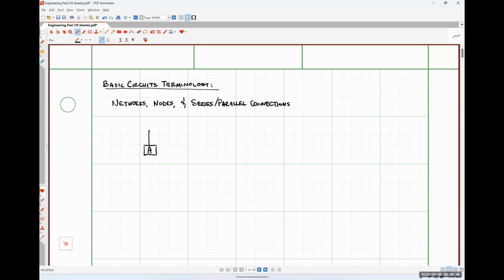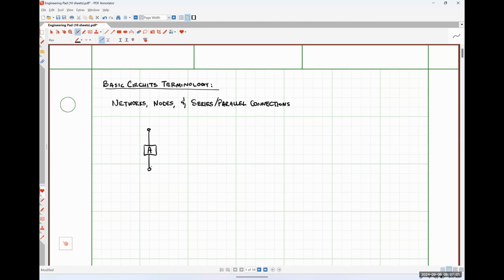Okay? Now, I am going to add to this box a pair of terminals, okay? So we're going to have a terminal on the top, and now we have a terminal on the bottom, which means the different types of element that this thing could be, that list just got a bit shorter because we're dealing specifically with a two-terminal element. So that would be like a resistor or a diode or a capacitor or a battery.